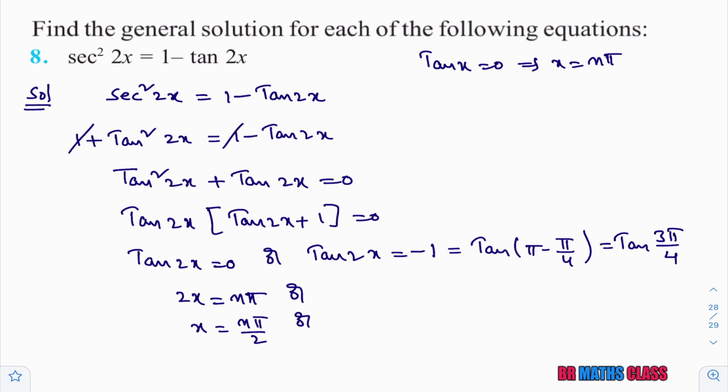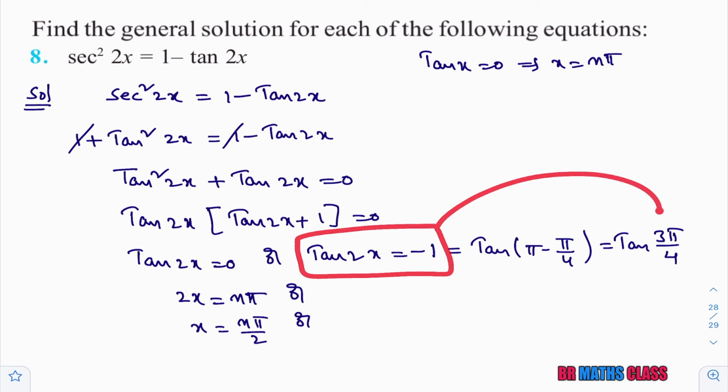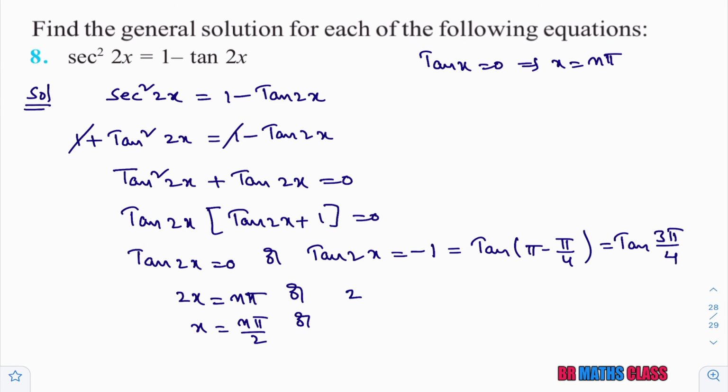Or now you observe this is of the form tan x equal to k. Here we also got the principal solution for this equation. Principal solution is 3 pi by 4. So the general solution for tan x equal to k is n pi plus alpha. If tan x equal to k, then the general solution is x equal to n pi plus alpha.